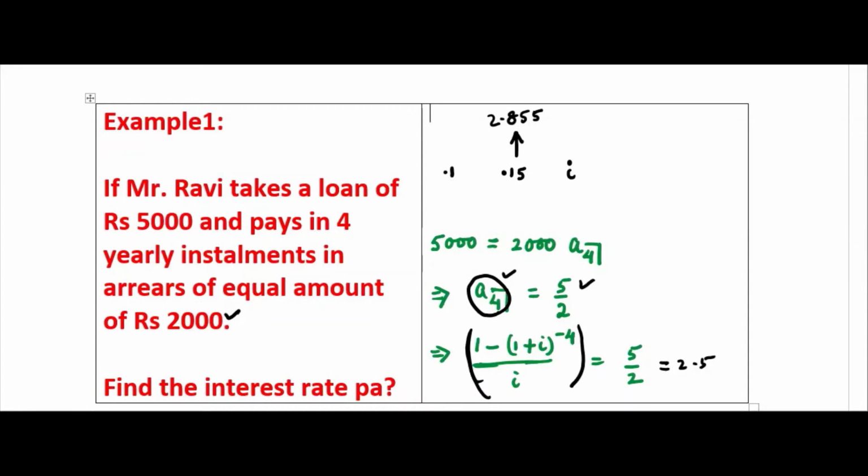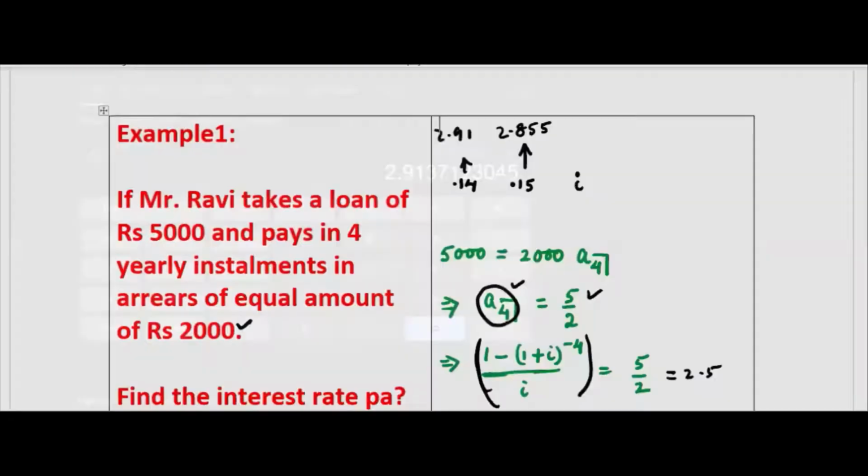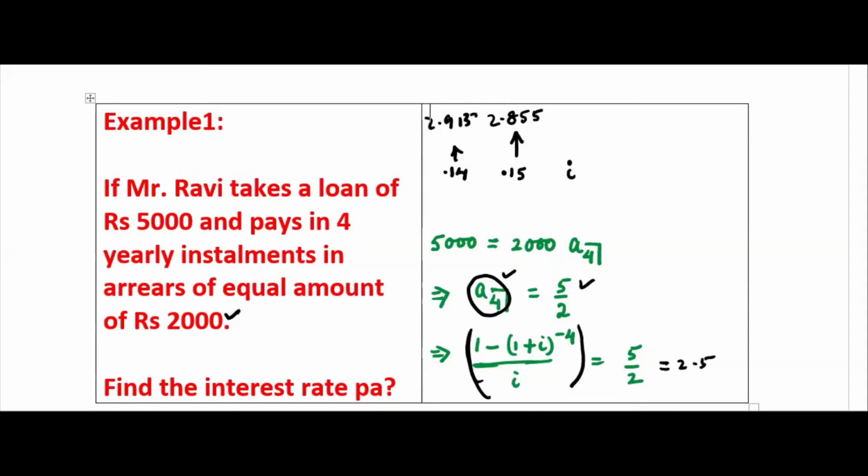At 14% I got 2.91. I don't need anything beyond that, because what I want is less than 2.5. This is more than 2.5.